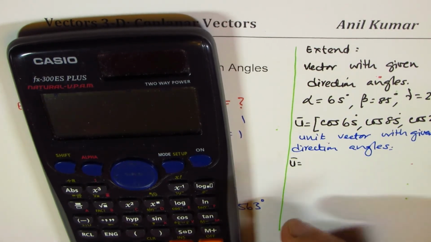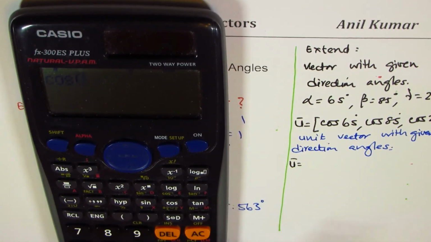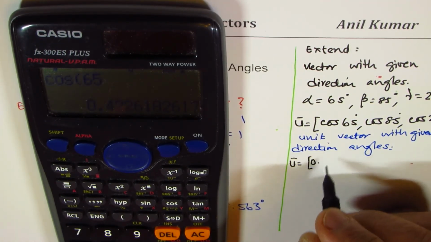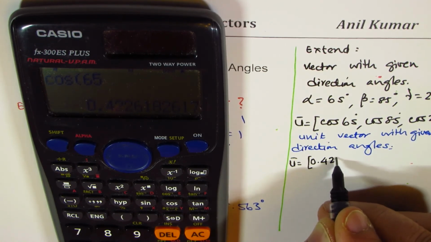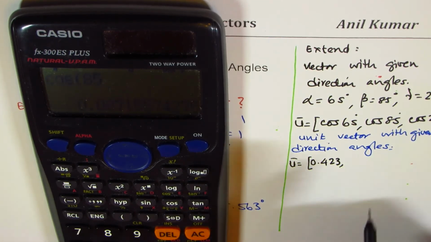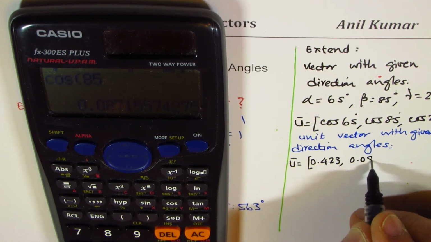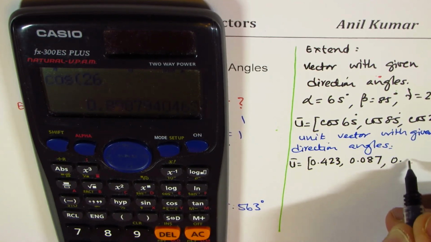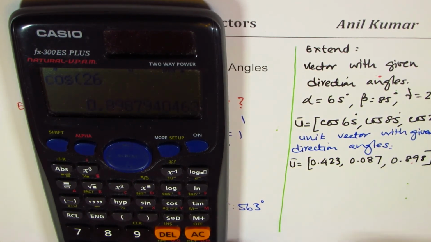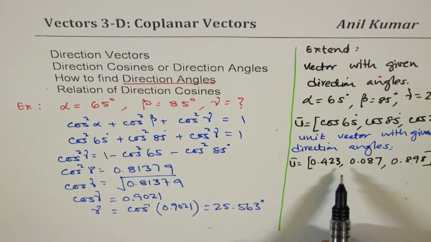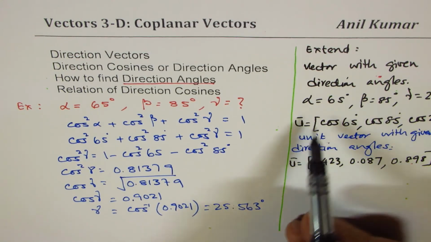So we could say u equals cos of 65, which is 0.423, and then cos of 85, which is 0.087, and then cos of 26, which is 0.898. Do you see that? So we could get this vector as the one which has these directions.